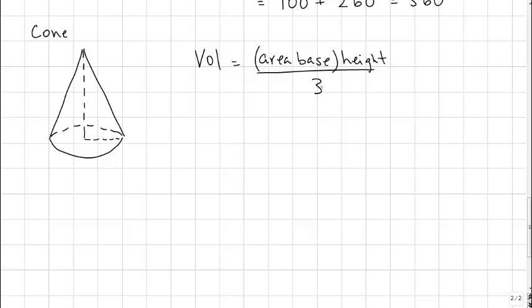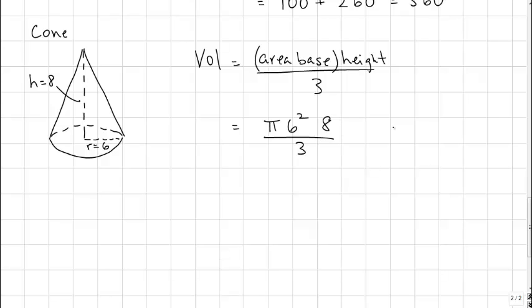And in this case, the area of the base is fairly easy as long as you're given the radius. So let's imagine that the radius for this one is 6. And the height is 8. Let's figure out the volume of this cone. So the area of the base is, well, it's a circle, so it's pi times the radius squared, so pi times 6 squared. The height is 8, and we divide that whole thing by 3.